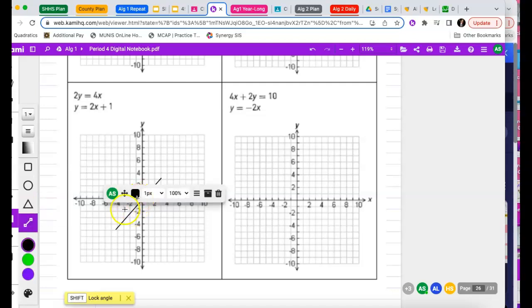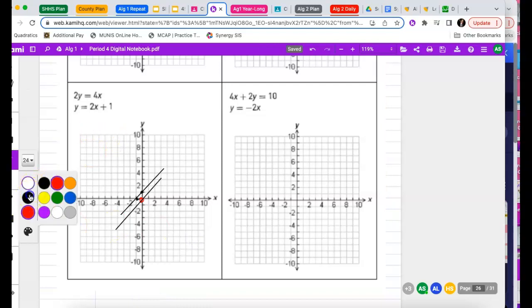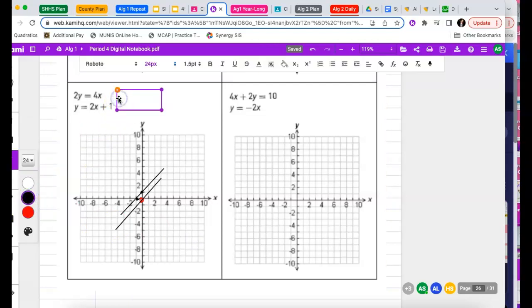And when I draw the line here, move that over just a little bit so it hits my x and y intercept. So again, the lines never touch, especially when we look at them in Desmos, which means there are no solutions. No intersection points means no solutions.